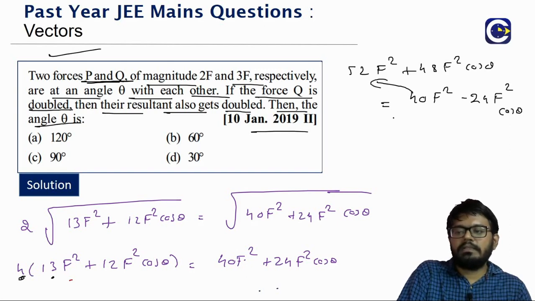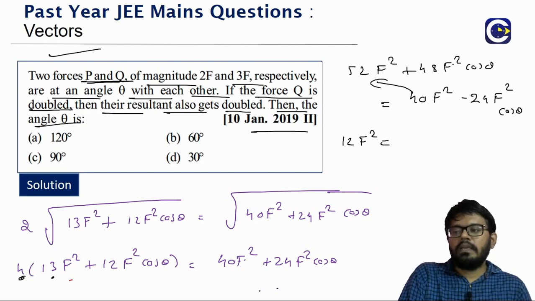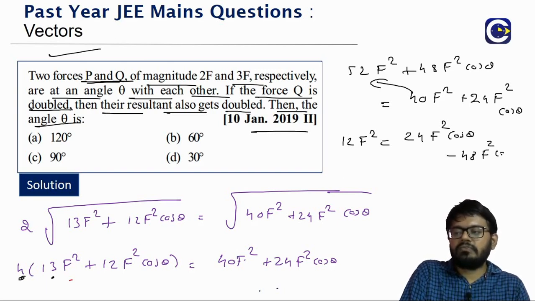So bring it to that, I mean the 40 f square, let us bring it to the left. What we'll have? 52 minus 40 means what? That is 12 f square. Okay, then the 48 f square cos theta, let us take it to the right side. So right side is what? Already we have 24 f square cos theta minus 48 f square cos theta.